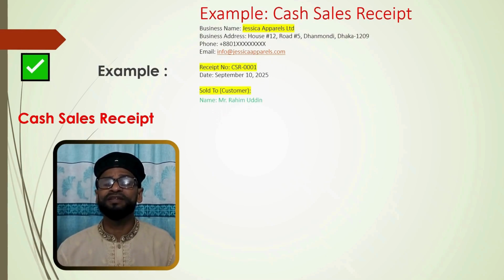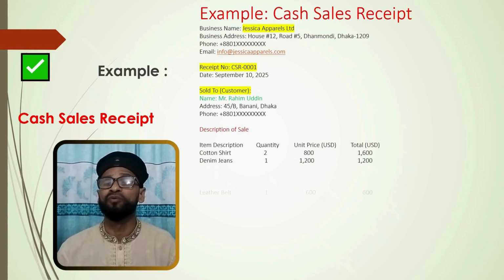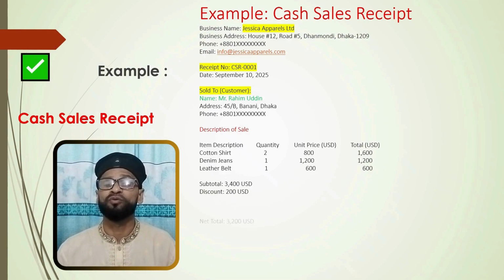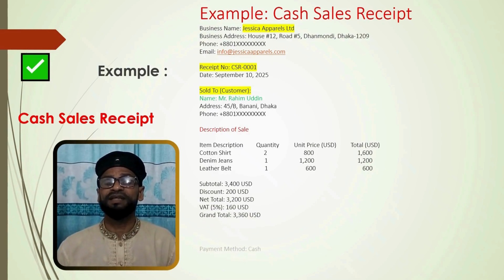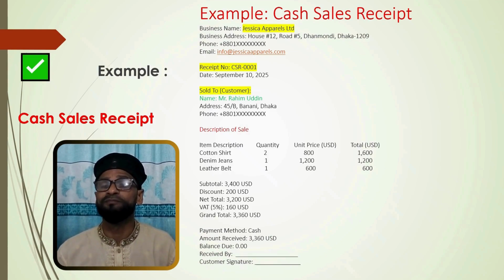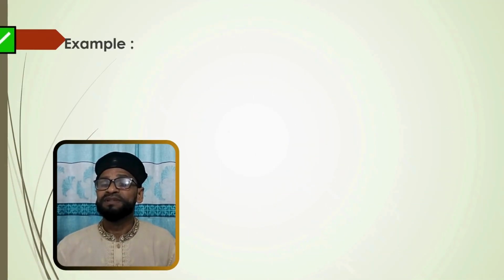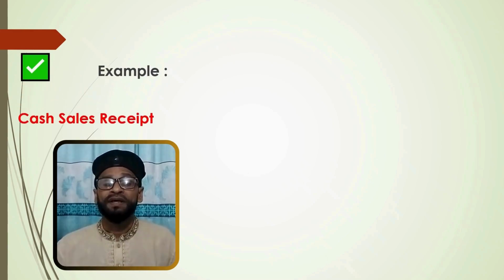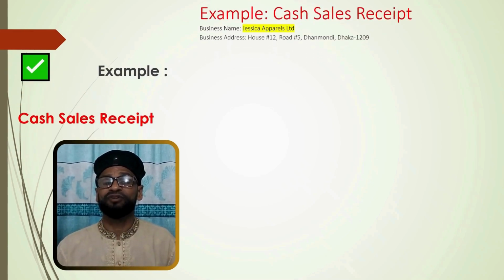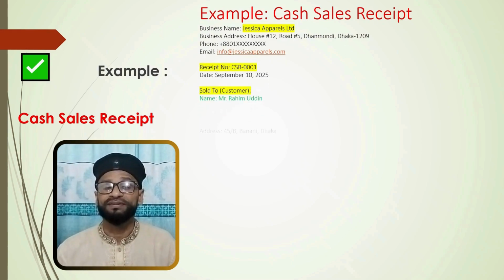In today's presentation, I will explain how to record a cash sale with discount and value-added tax in QuickBooks Online. Cash sales are very common in day-to-day business, and sometimes businesses offer a discount to customers as part of a promotion or quick payment. At the same time, every sale must properly include value-added tax to ensure accurate reporting and compliance.